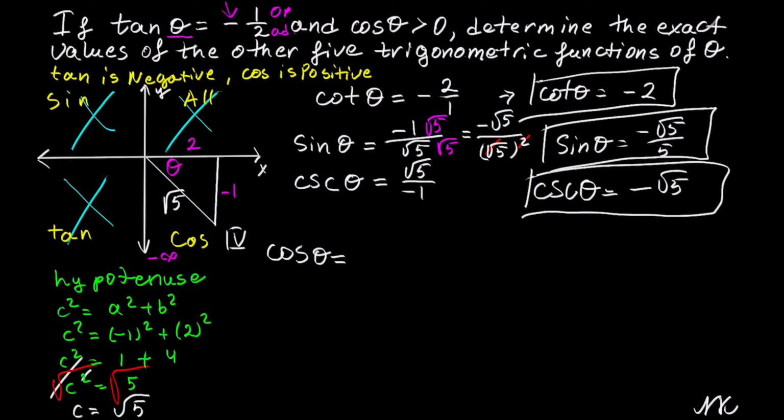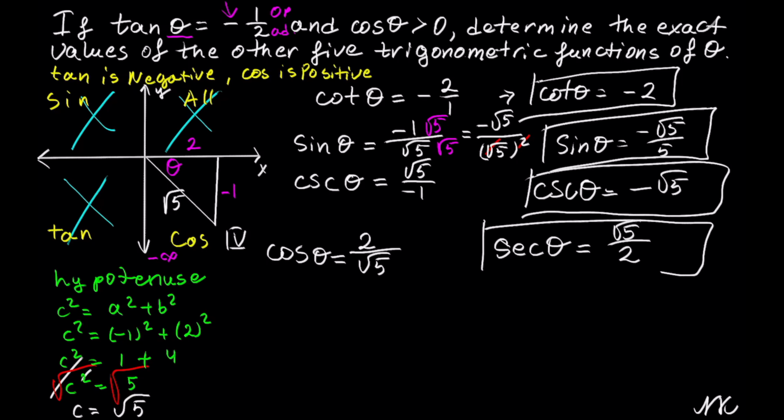The measure of the adjacent side is 2 out of hypotenuse is radical 5. We will need to rationalize this, but before I do so, I'm going to calculate secant of theta, which is the reciprocal of 2 out of radical 5, and the reciprocal of that is radical 5 out of 2. So this is our secant.